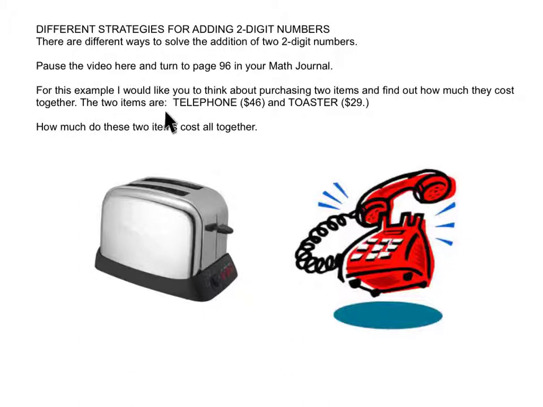The two items are the telephone, $46, and toaster for $29. How much do these two items cost all together? And remember, those key words, all together, tell us to add.